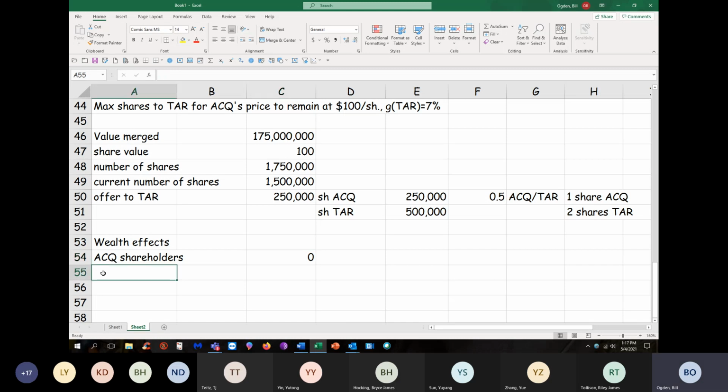Okay, then let's do the TAR shareholders. All right, let's do the two steps. What did they receive?